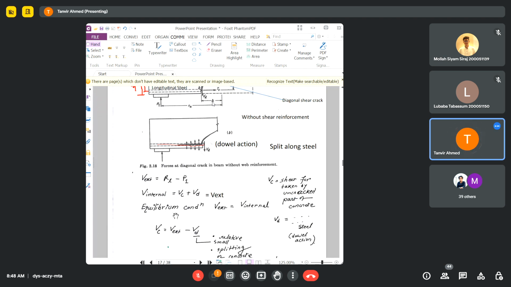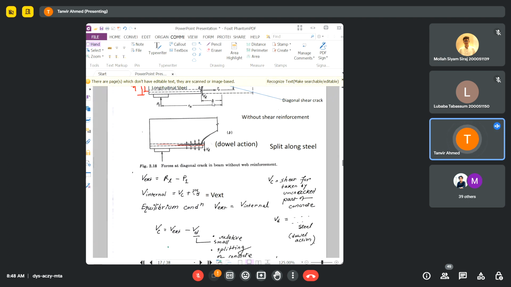So in that case, we can say RL minus P1 will be equal to Vc plus Vd, or Vc plus Vd will be equal to V external. From this we can write Vc equals V external minus Vd.